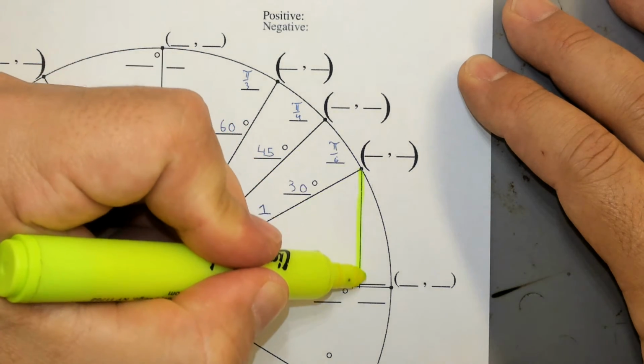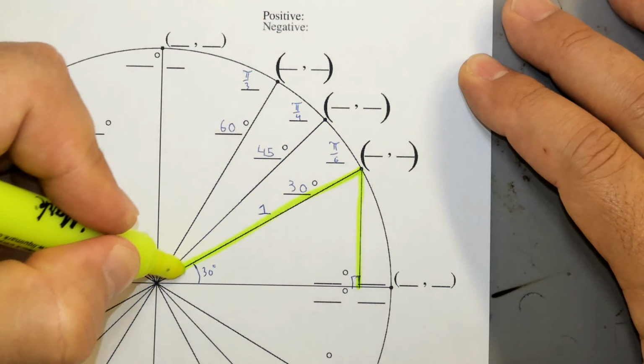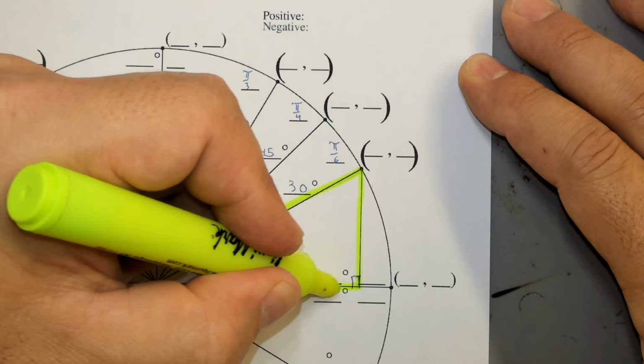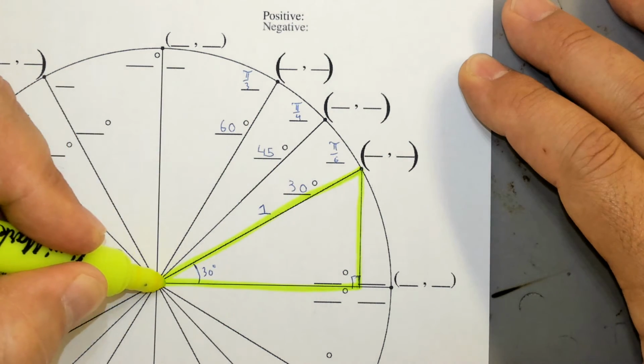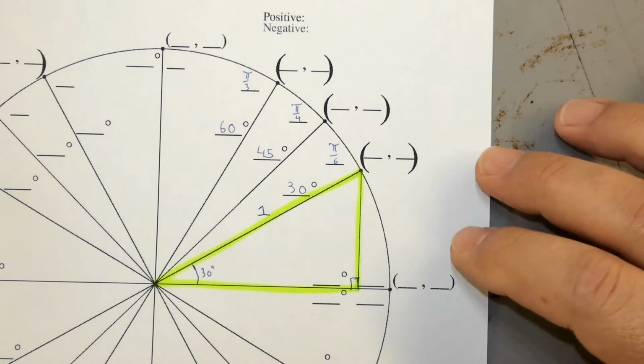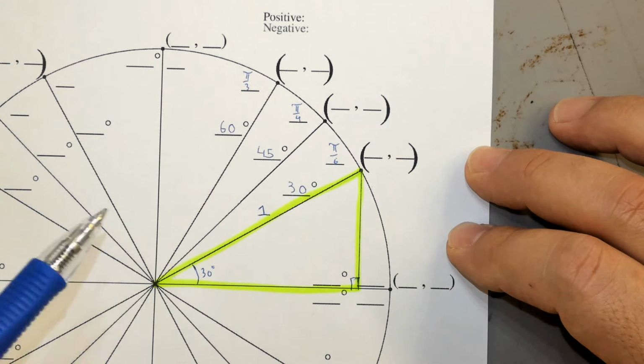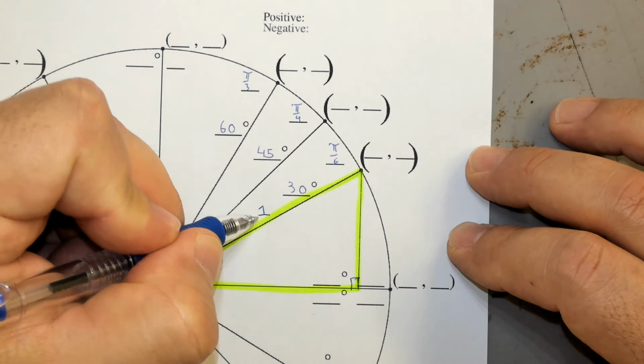So it's this side, and then this side. Okay? So we're just going to focus on that triangle right there. Alright, now we know one side already, and that is this side.